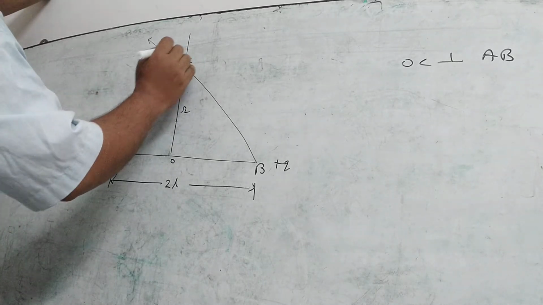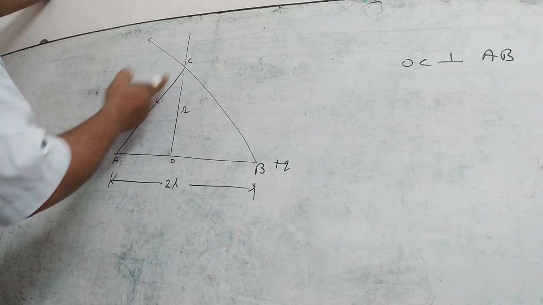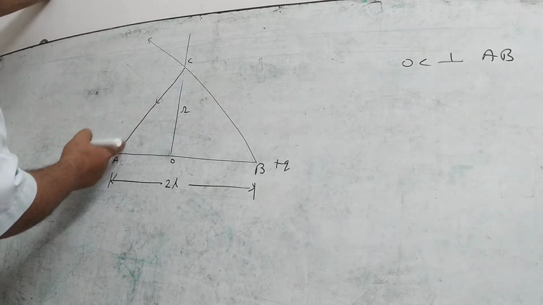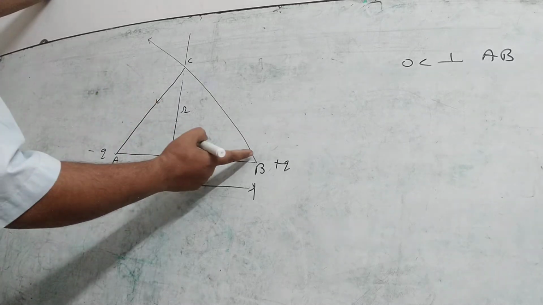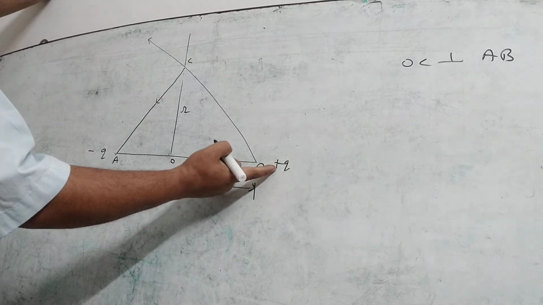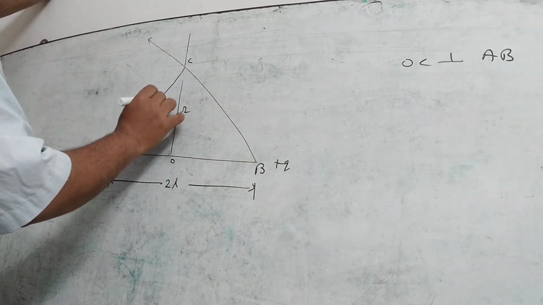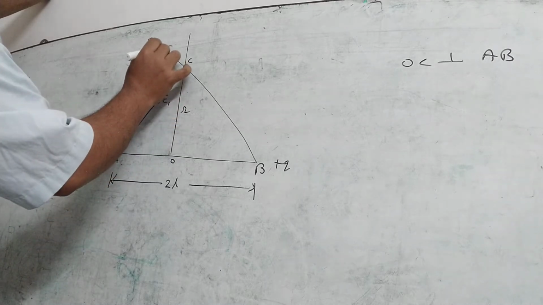Electric field at the point C due to the minus charge acts along C to A, and electric field at C due to the plus charge acts along B to C. This is E1 and this is E2.